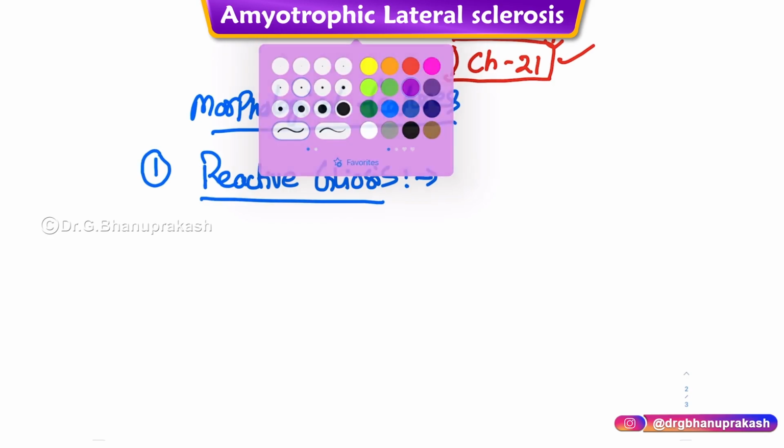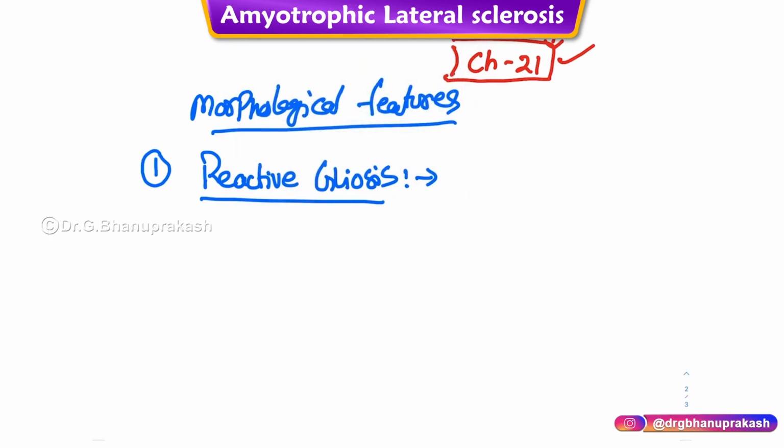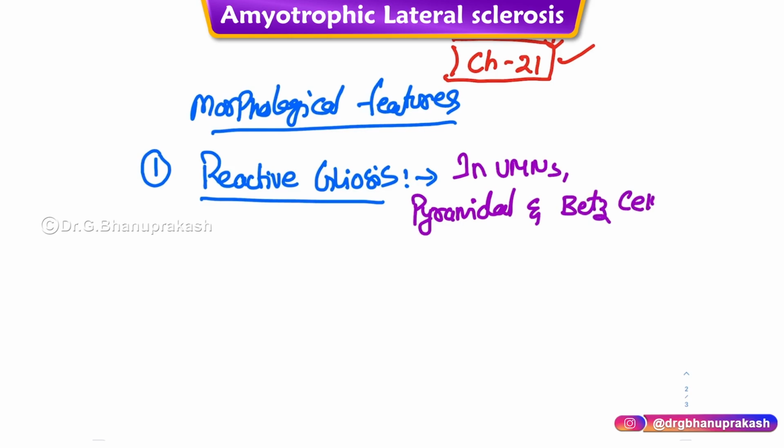Remember the point that this reactive gliosis belongs to upper motor neurons. So in upper motor neurons, especially the cells which are lost are pyramidal cells and Betz cells. Remember, pyramidal and the Betz cells are lost.